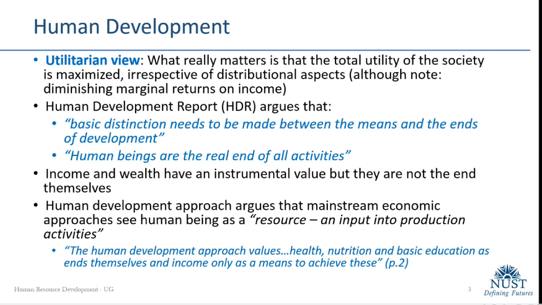Why do we produce so many products? Why do we need to improve health? Why do we need to improve education? Why do we need paved roads? Why do we need better environment? All of that, at the end of the day, you want people to be happy, you want people to live a better life, and so on.